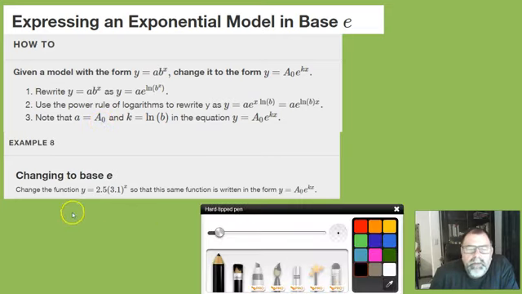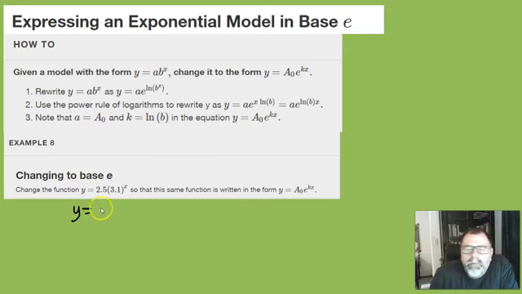Okay, so we get y equals 2.5 e. Now the k, this is the b. The k is going to be ln of b. So k will be ln of 3.1.